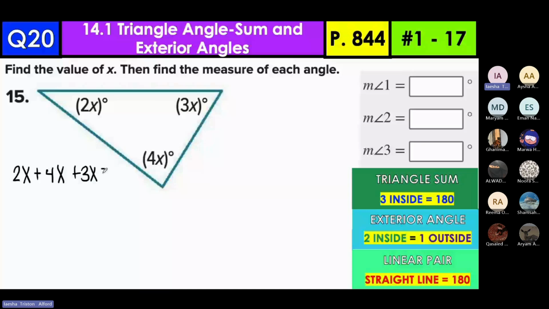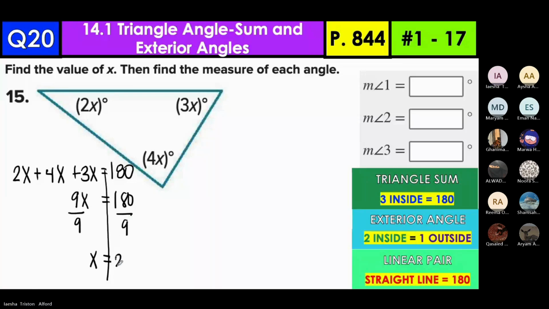I'm feeling like one of the last 3 questions will be the kind of exam question. 2x plus 4x plus 3x, 9x equal 180. Divide 9, divide 9. x is equal to 20.